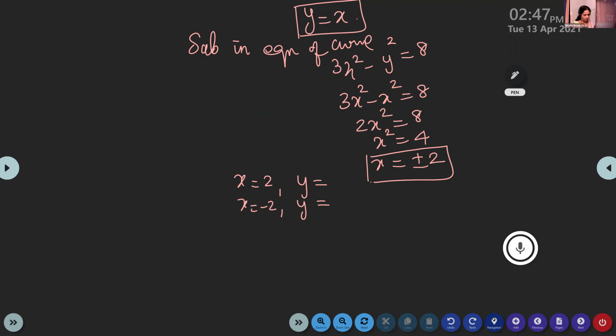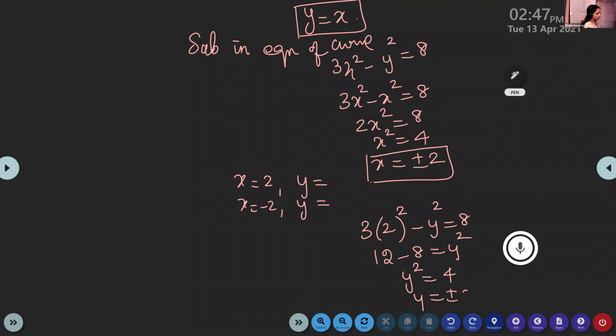When x is 2, check it, what is the value of y? 3 into 2 square minus y square is 8. Okay, 4 into 3, 12 minus 8 is y square. So y square is equal to 4. So y is plus or minus 2.